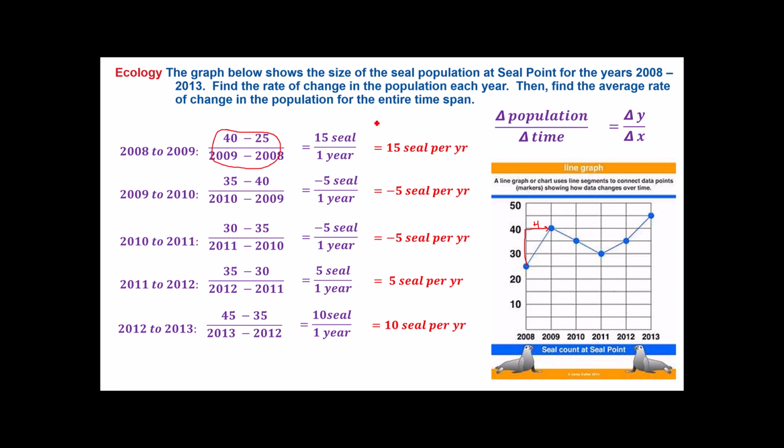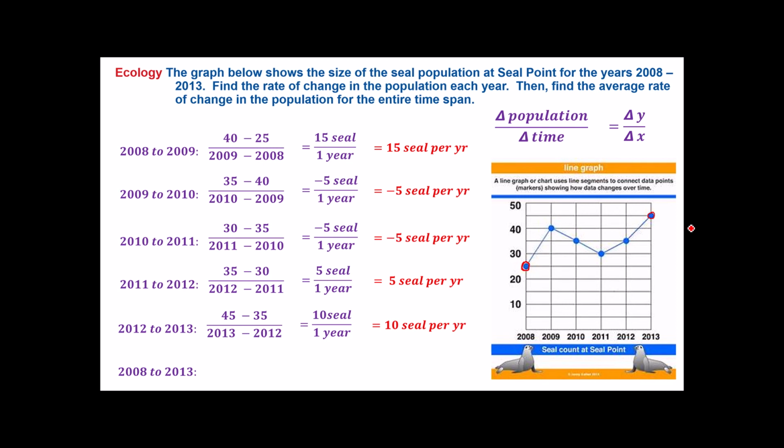Last thing we need to make sure we talk about is this average rate of change of the population throughout the entire span. When we talk about the average rate of change, we're saying if we just look at the initial starting value and the ending value, ignoring all the little changes that take place in between.